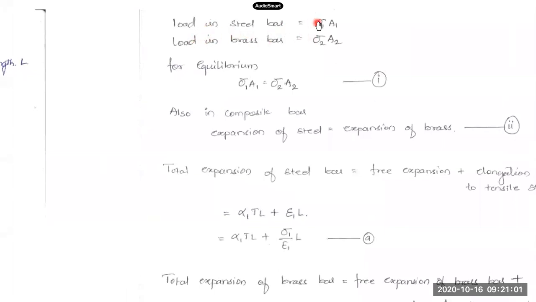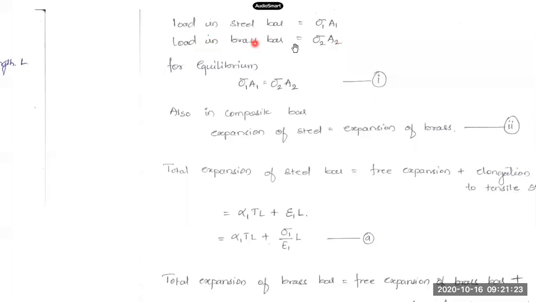So sigma 1, stress in steel bar, into A1, the area of steel bar, will be the force in the steel bar. Okay. Similarly, sigma 2, stress in brass bar, multiplied by the cross-sectional area of brass bar, A2, is the force in brass bar. Okay. Or in this second bar.